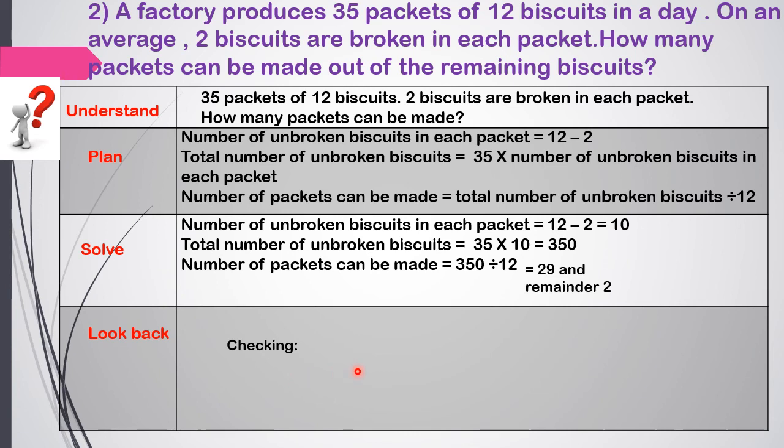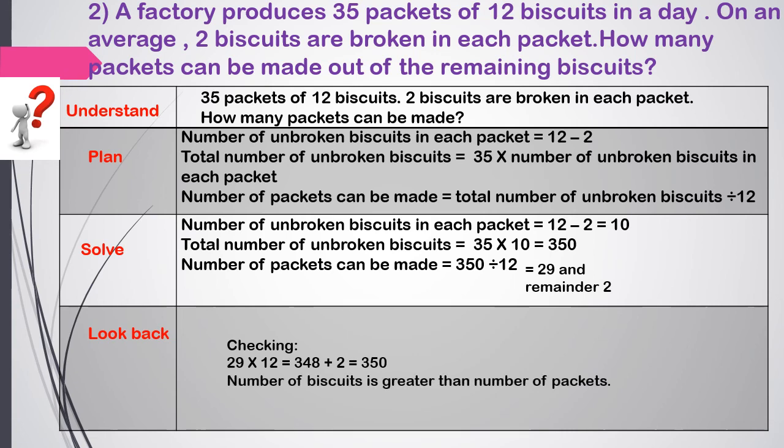Then if we add plus 2, we get 350. You can find this multiplication in your rough column. So the number of biscuits is greater than the number of packets. Here they have given us 35 packets, 12 biscuits in a packet. So the number of packets is greater than the number of biscuits.